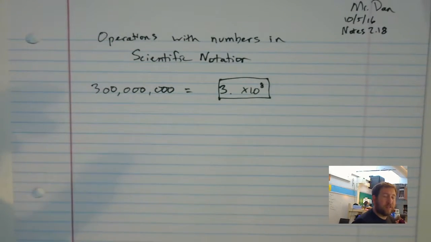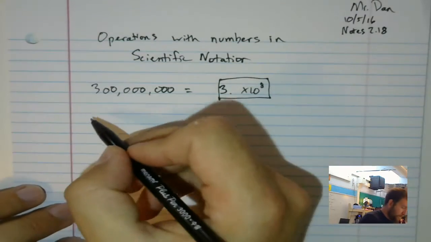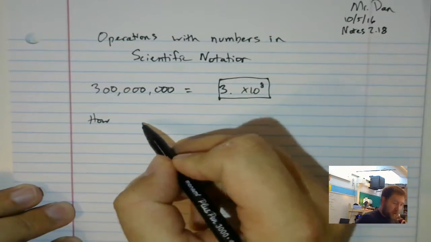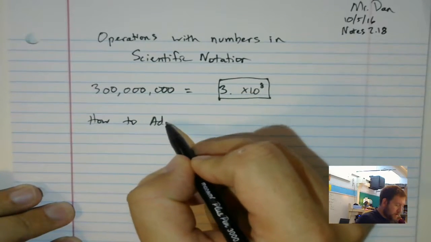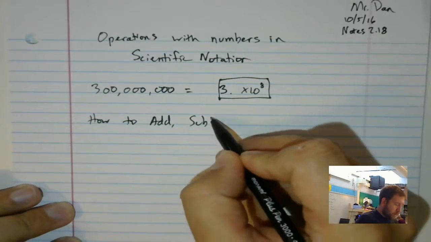Cool, perfect. So we've been talking about how to make them. We've been talking about how to convert them back and forth. And last section we talked about comparing them and figuring out which scientifically notated number is larger than the other one, right? Today we're going to be talking about how to add, subtract, multiply, and divide them.